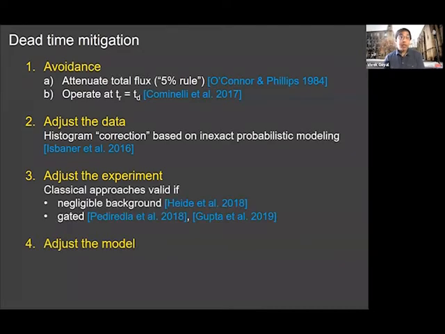The third approach is to adjust the experimental conditions such that a synchronous model is valid. If the background is negligible or gating is used, the system can be forced to be reset by the time of the start of the next illumination period, and then some of these effects are diminished. But that kind of use of gating is really making your use of the incident light less efficient.